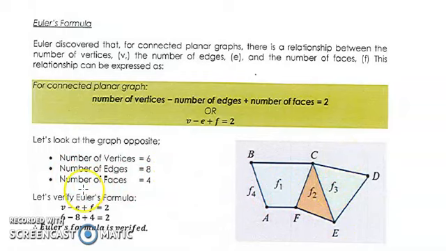Plug it into the formula, 6 minus 8 plus 4, vertices, edges, and faces, and the formula is verified. It's equal to 2. You can attempt or create any type of graph, provided it's planar, and provided that it's connected. You will always, when you figure out these numbers, always get 2.